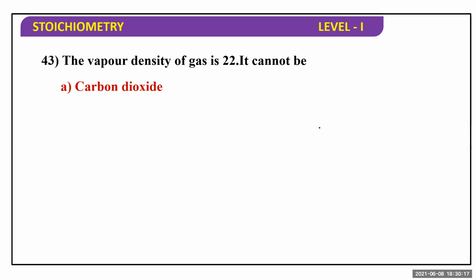Okay. 2 into vapor density equals molecular weight. The vapor density of gas is 22. It cannot be, because if 22 is the vapor density, then its molecular weight will be 44 grams. It will be carbon dioxide, but it cannot be. It is not true.